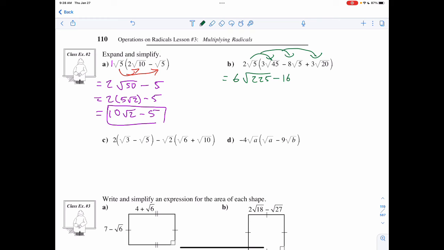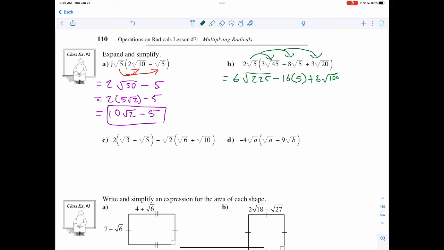And root 5 and root 5 can just be 5. Now in this case, I need to put brackets around it because I need to multiply it out properly again. But the radical cancels out. And finally, 2 times 3 is 6. And root 5 and root 20 is root 100.